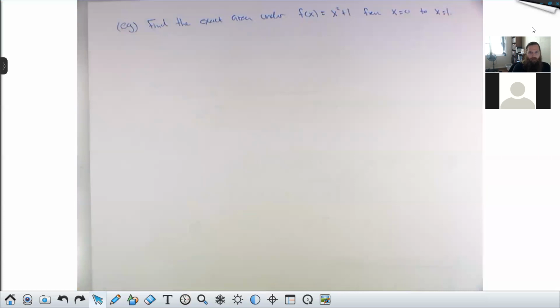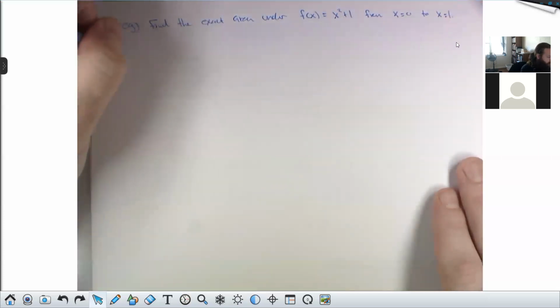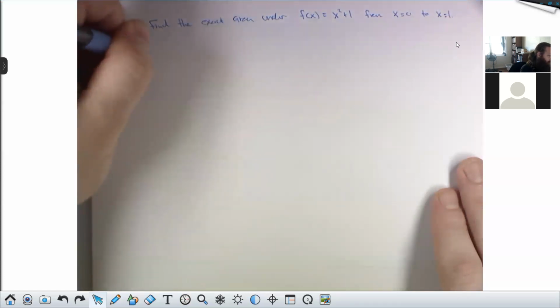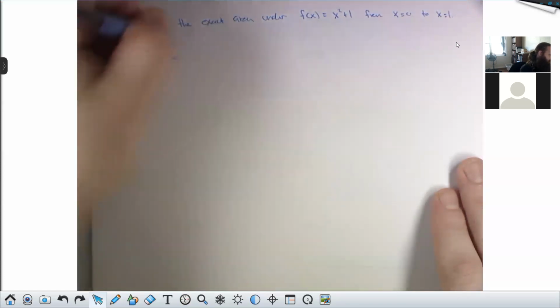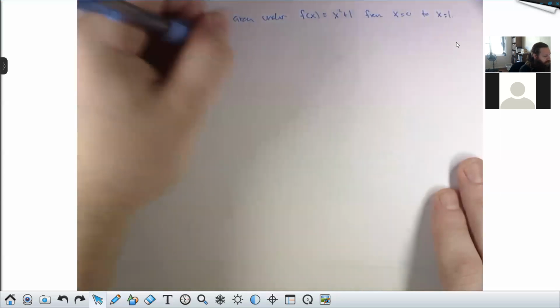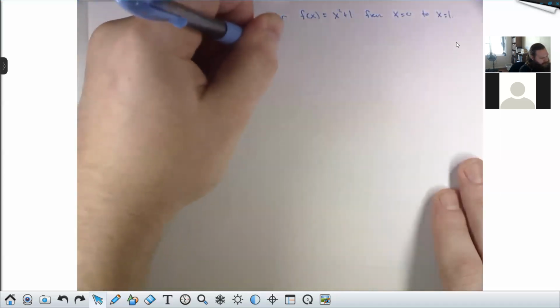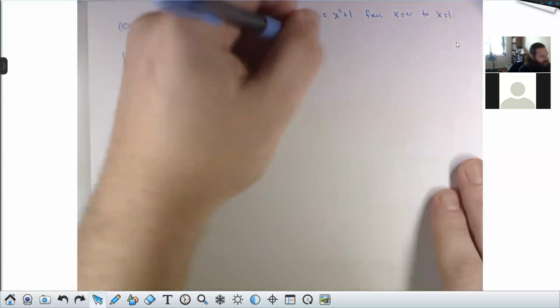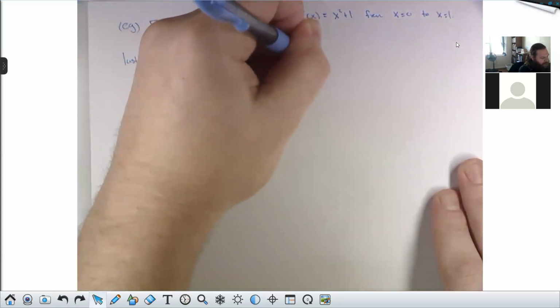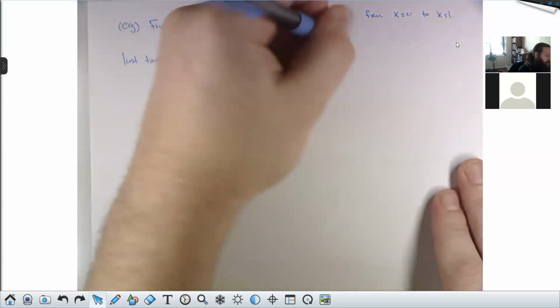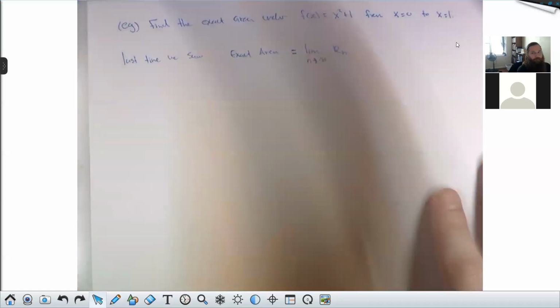Now remember last time we saw that the exact area is equal to the limit as n goes to infinity of Rn.